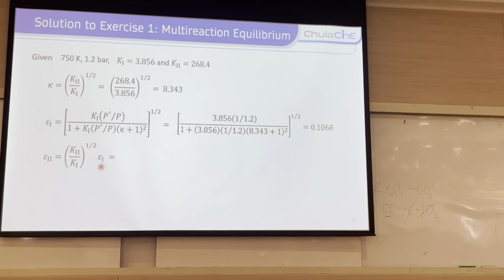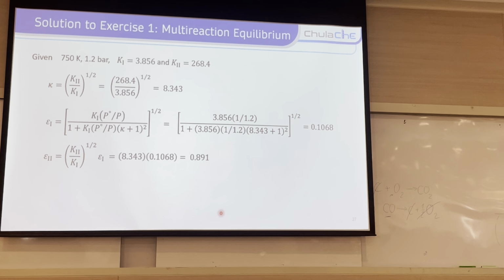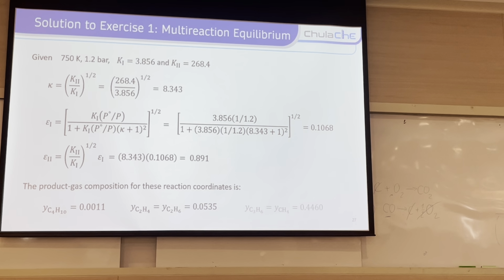Substitute all values here, and you can get the reaction coordinate for reaction number 2, which is equal to 0.9. Now you know the reaction coordinate for both reactions. Then you can determine the mole fraction for each species.